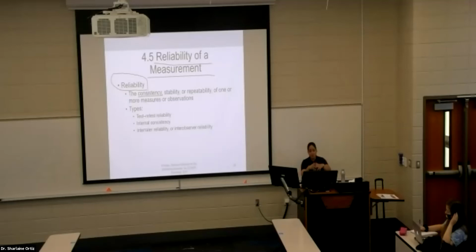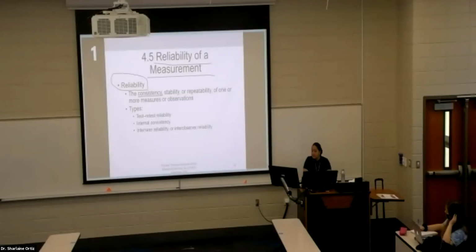If I measure you today with this scale, and nothing has changed, next time I do it, it should be consistent. If that assessment is reliable, I should be able to get consistent results over time or based on different people. So if Dr. Shar does that, Dr. Smith can do it, and he's going to get the same result. So that will make it reliable.